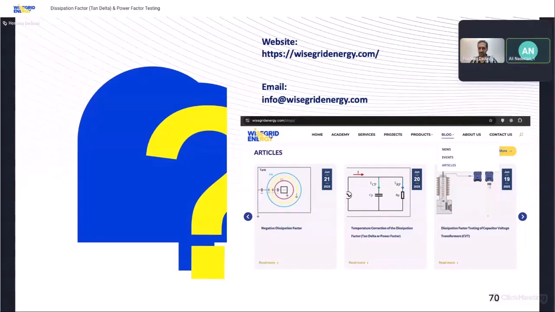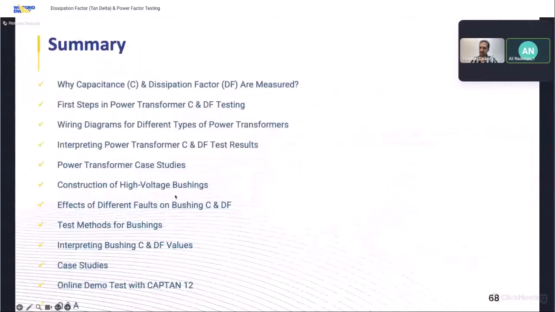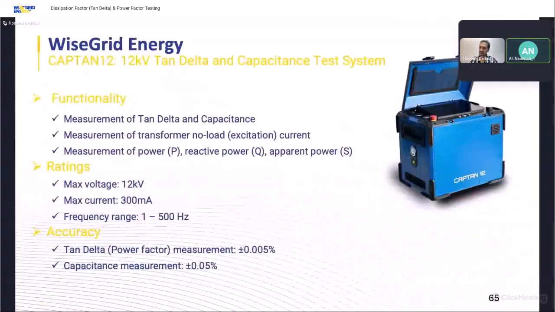The box that you presented has a wider frequency range compared to commercially available ones. I was listening to another presentation yesterday that was from IEEE.